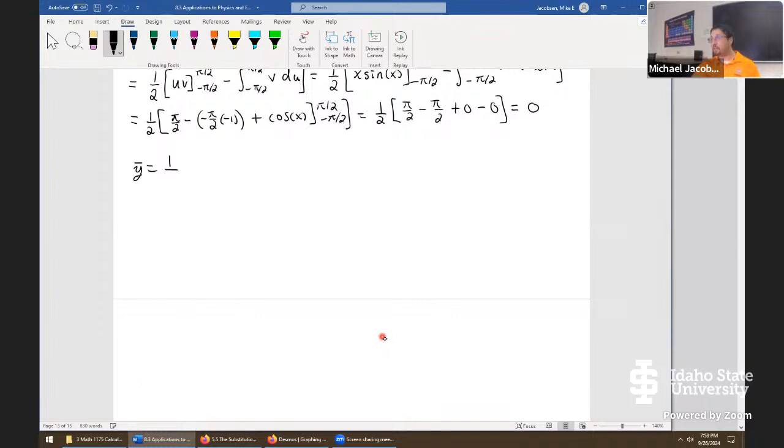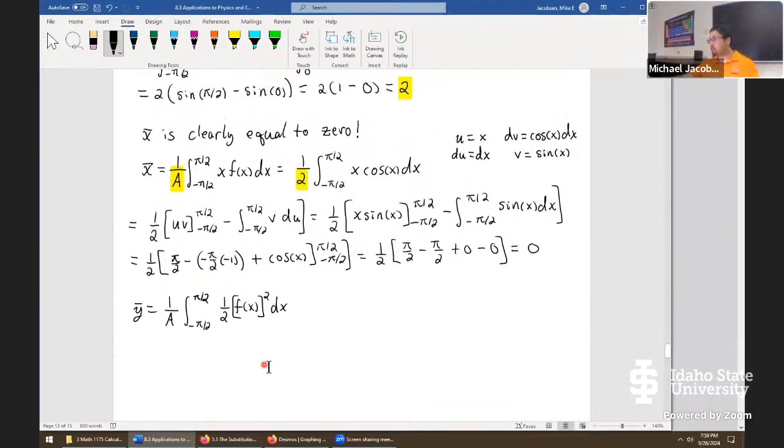Y bar by formula is the reciprocal of area, times the integral from negative pi over 2 to positive pi over 2 of 1/2 of the function f of x squared. So that's the setup by just putting in the formula. Let me scroll up. The area was 2, so we'll plug in a 2 into that position once again. So 1/2. Next thing I usually do is take out that 1/2.